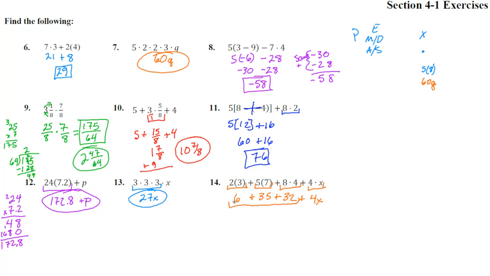And we're like, oh yeah, 6 plus 35 is 41. 41 plus 32 is 73. So 73 plus 4x. But we don't know what that 4x is. And this is our first indication here. That 4 is stuck to that x. And it can't go with that 73 at all without multiplying by the x. And we don't know what the x is. It's just some number out there. All right, good.